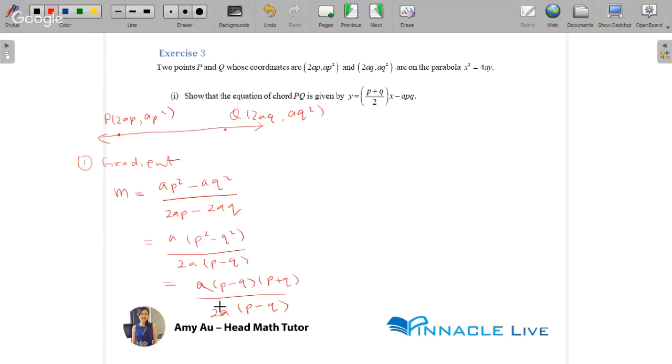And then the A and the P minus Q cancel out. Okay, P plus Q on 2. Second step, point gradient formula. Okay, so point gradient formula, very simple.